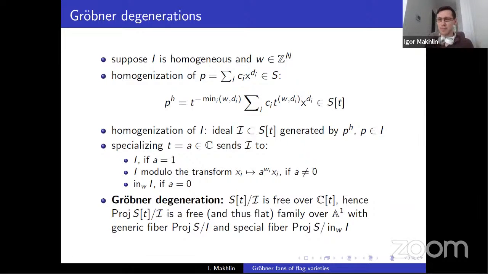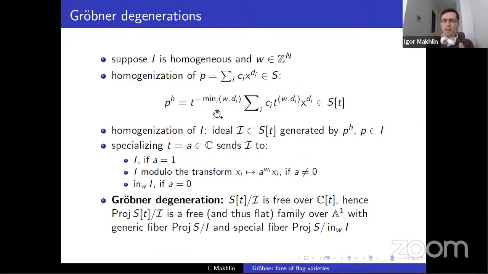So in this setting that we had on the previous slide, I'm going to make some assumptions. I'm going to assume that the ideal is homogeneous in the usual sense, so it's homogeneous with respect to the grading by degrees of polynomials, and I'm going to assume that the coordinates of our weight W are integers. Now for every polynomial in our polynomial ring, we can define its homogenization.